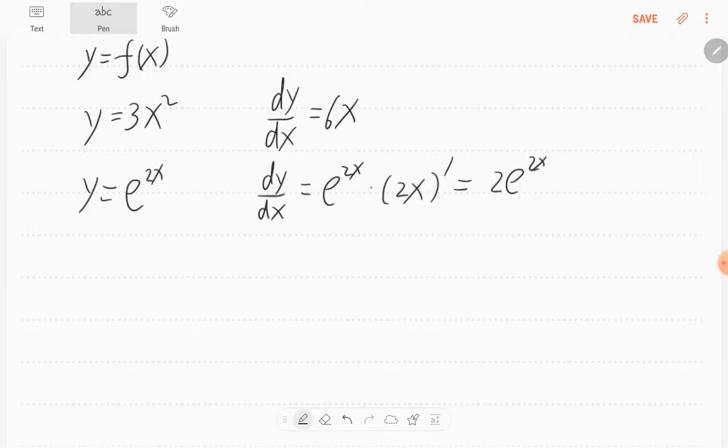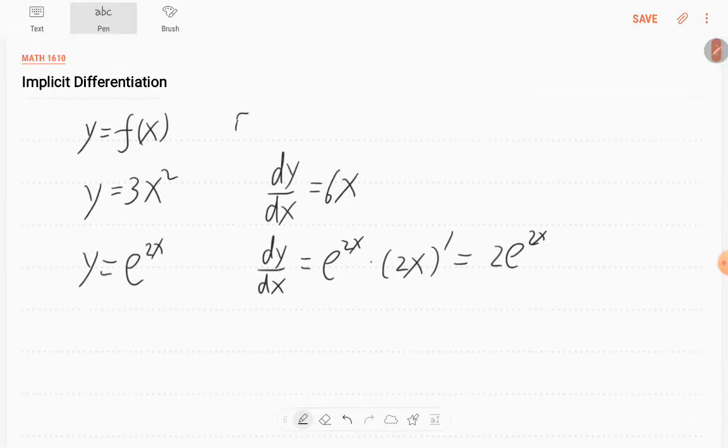We can do the derivative if you are given y equals a function of x, which is called the explicit form.